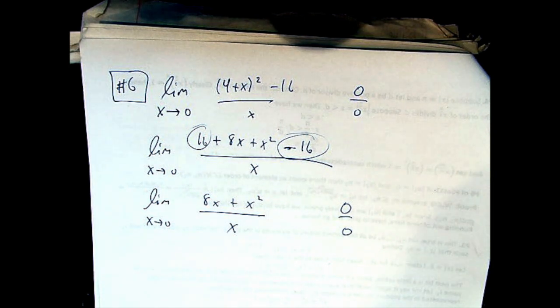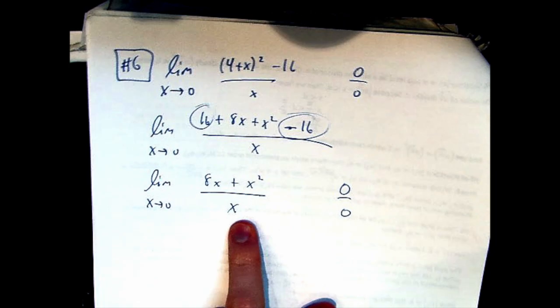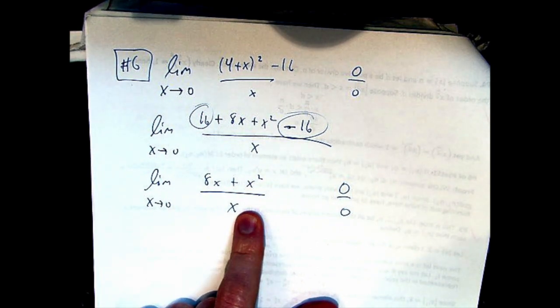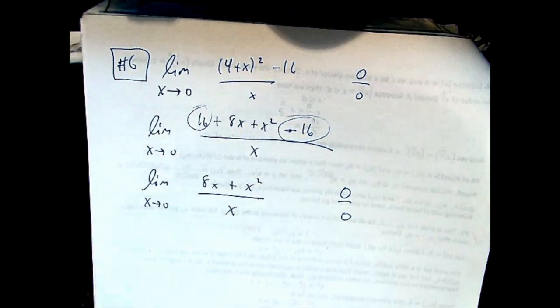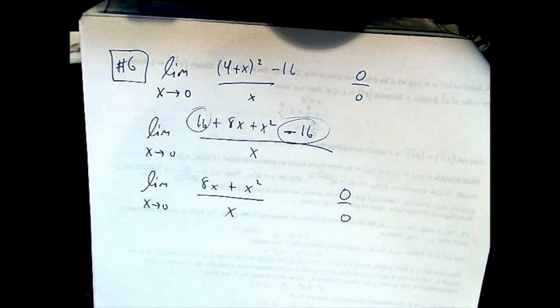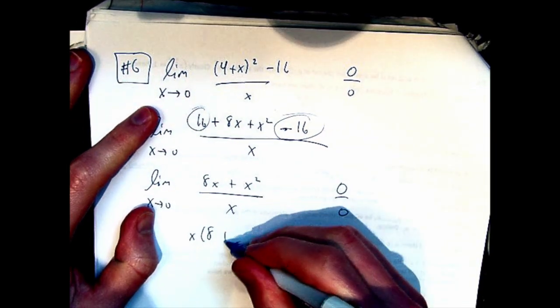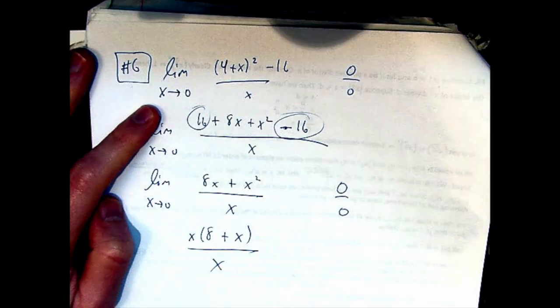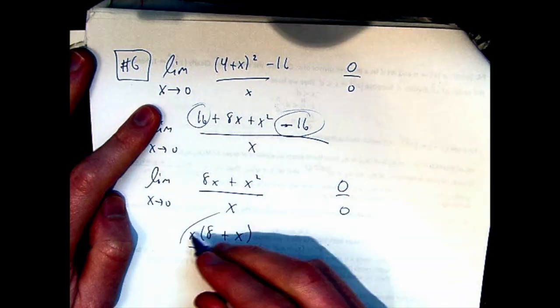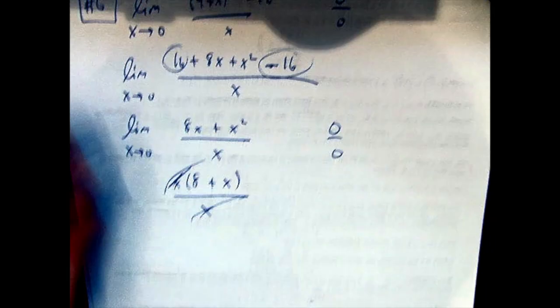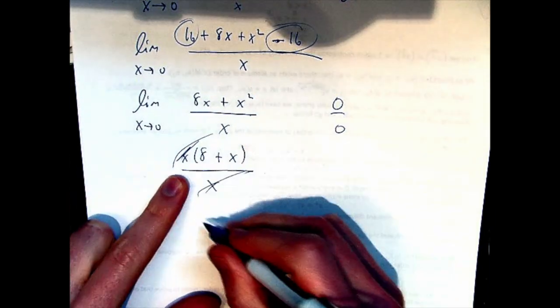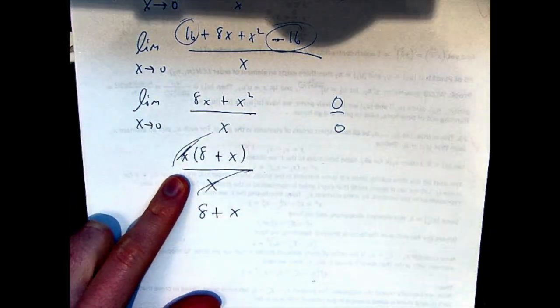The thing you have to do is factor and cancel common factors. The numerator can be factored. There's a common factor of x, which can be removed. So that's x times (8 plus x) over x. These two cancel. That's kind of a sloppy cancellation. Sorry, I got a bit excited. And then there's just 8 plus x left over, right?